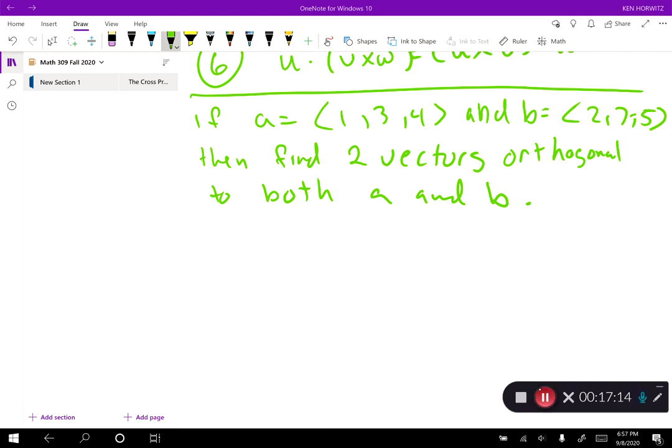All right, so hopefully you've set up this as A cross B, and we're going to say that equals, and now let's set up our determinants. So I have i, j, and k, and then if it's A cross B, A is going to be the first that I put down, 1, 3, 4, and then B is going to be the second, 2, 7, -5.